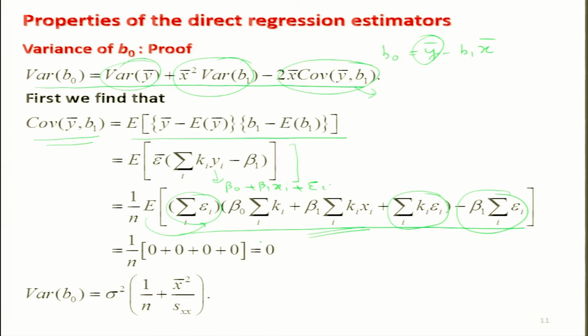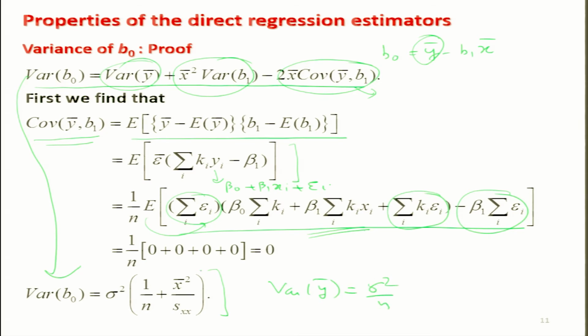So, the covariance between y bar and B1 comes out to be 0, and hence the variance of B0 comes out to be 1 upon n plus x bar square upon Sxx, times sigma square. So, I can write down the variance of B0 like this: the variance of y bar, that we know, is sigma square by n.